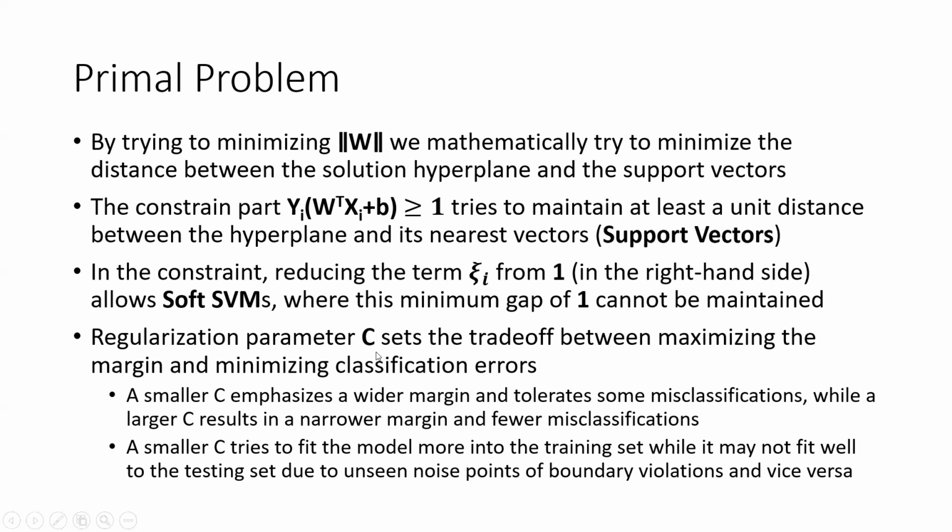And then we have to think about this C, which is a parameter known as the regularization parameter, right? When you are finding a value for this regularization parameter, you have to think about its trade-offs. It is a variable that can tune between maximizing the margin and minimizing the classification errors.